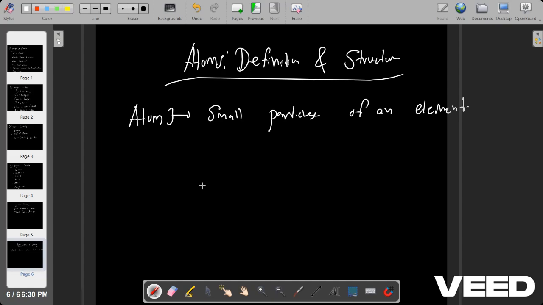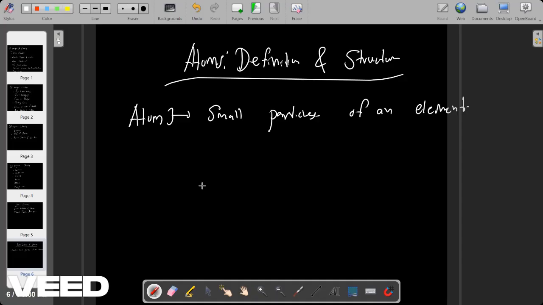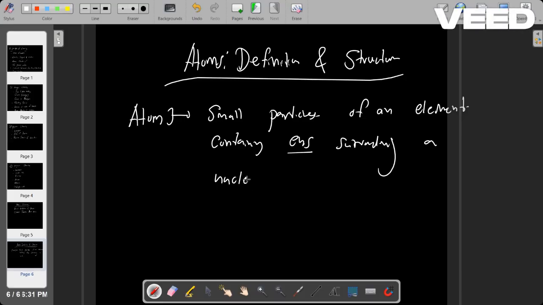So what is an atom? A small particle of an element containing electrons surrounding a nucleus. Later we will discuss what an electron is and what a nucleus is. A small particle of an element, containing electrons surrounding a nucleus.